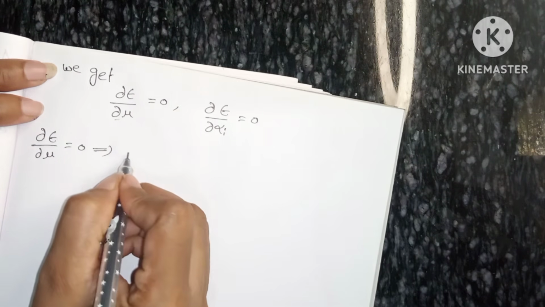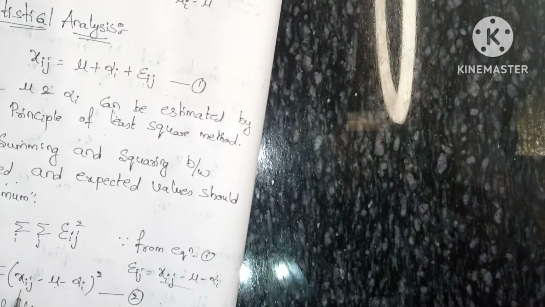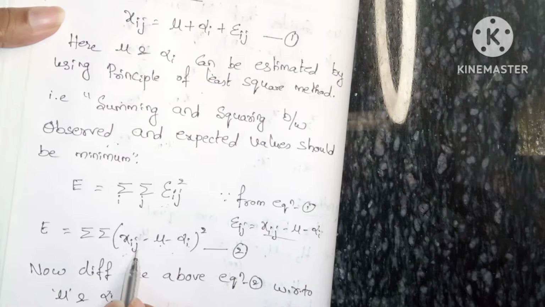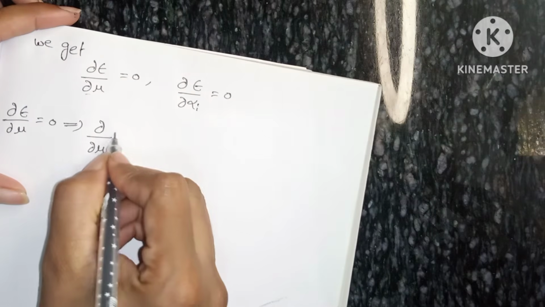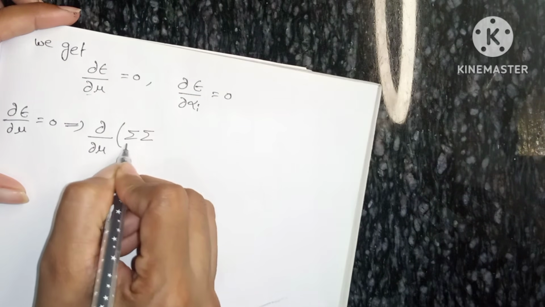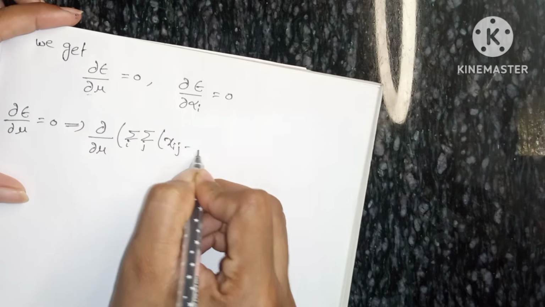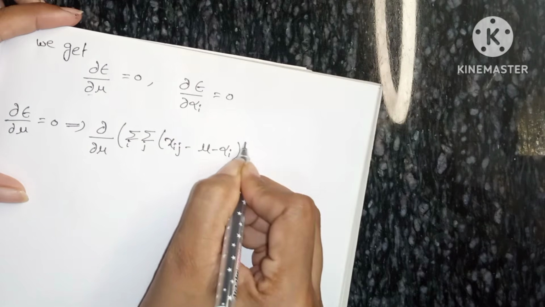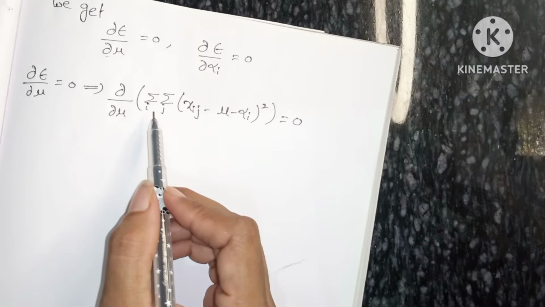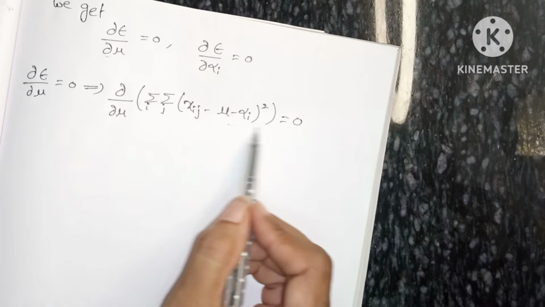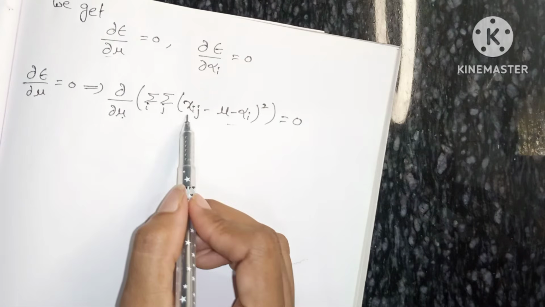That implies dou by dou mu of E. Here we have considered this equation, so we write the E value, that is double summation i j xij minus mu minus alpha i whole square equals 0. Here we have to do the differentiation with respect to mu.